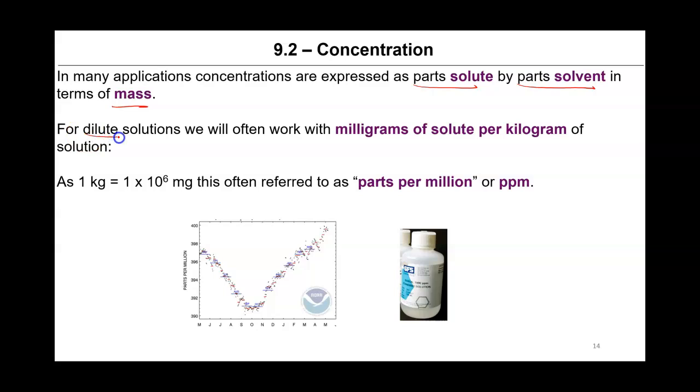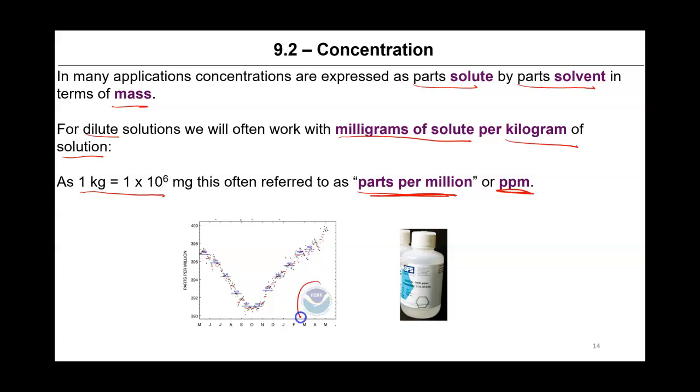So when we have dilute solutions, it's very common to express concentration in terms of milligrams of solute per kilogram of solution. And that's a bit of a mouthful to say, but as there's a million milligrams in a kilogram, this is often described as being parts per million, or abbreviated even further as ppm.